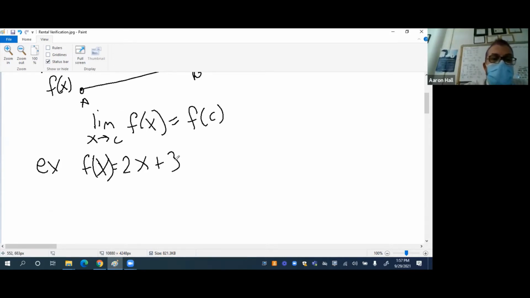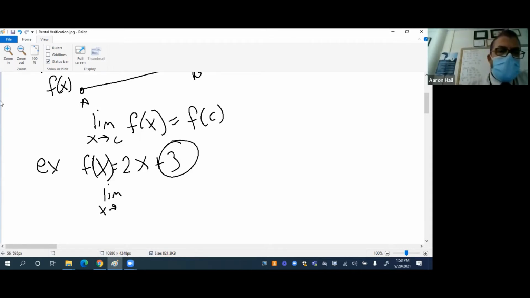Now, if C is some value, I don't care what C is, it could be anything. We'll say that it is 3. I don't want to use 3 because 3 is already used there. What if we say the limit as x approaches 1 of our function, that's going to equal what?